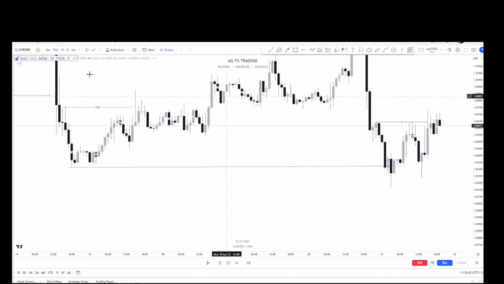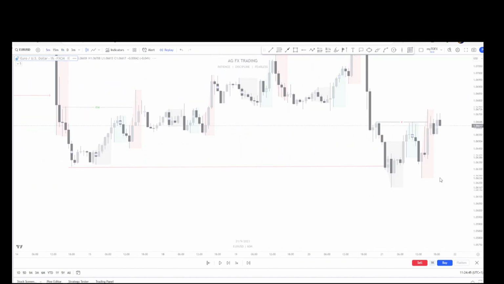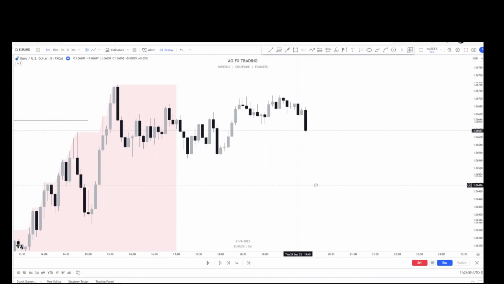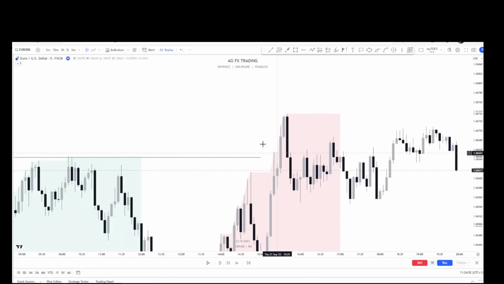So at this point, if you go back to the 5 minute time frame, which is the entry time frame we use, we will see that we have this single candle order block here.